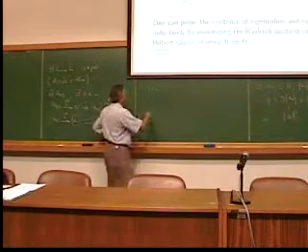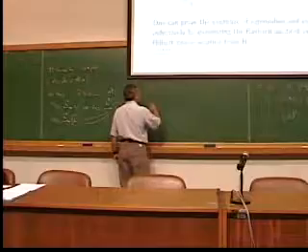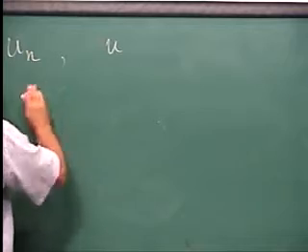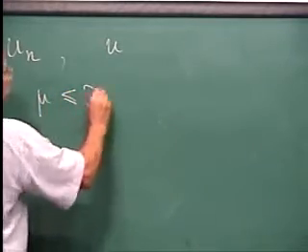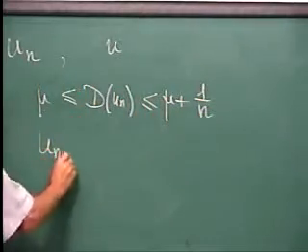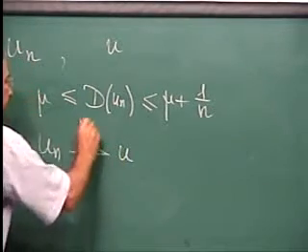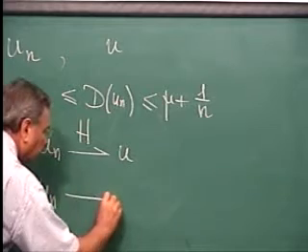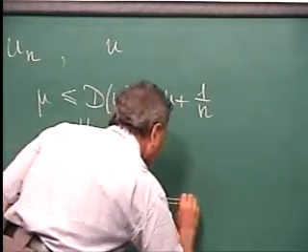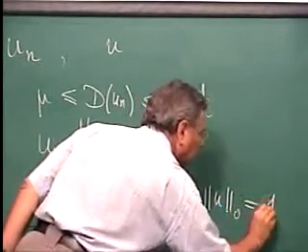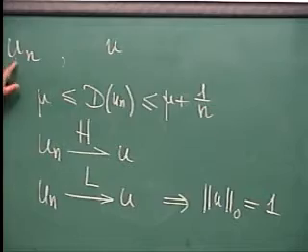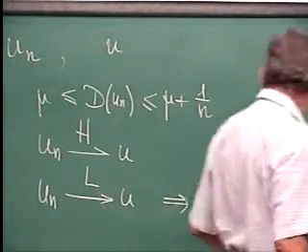So you have some sequence u_n, you have some u, and you have that mu is less than or equal to d(u_n), less than mu plus 1 over n. u_n converges weakly to u. u_n converges to u in L. Okay, this implies that u has L2 norm equal to 1, because the u_n had L2 norm equal to 1. So in particular, u is not 0.